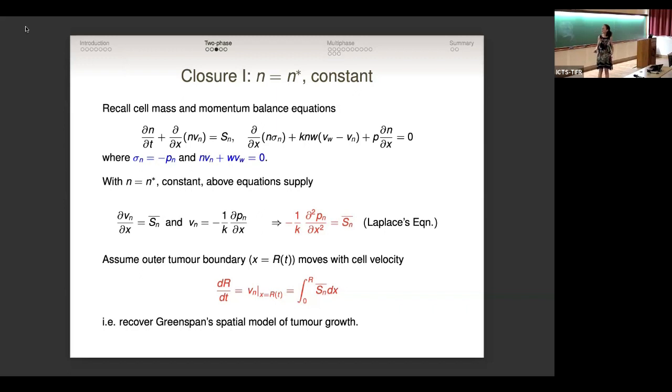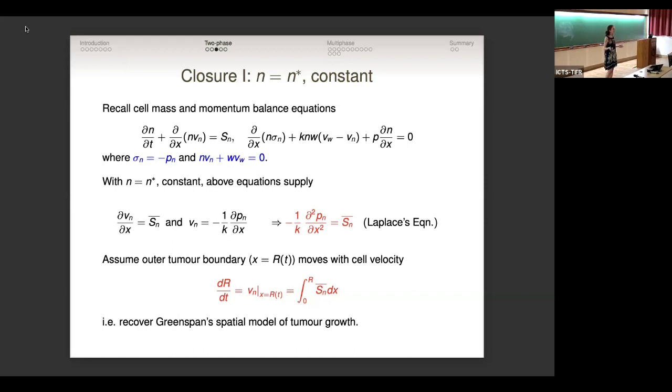So yes, Sn is, if you like, a function of C. I've been a bit elusive, non-committal about it. But yes, if you want to recover Greenspan's model, it would just be a function of C, and I will couple this integral differential equation with a diffusion equation for C. But the extra mileage we get from this framework is it allows us to look at situations in which Sn might be a function of P, the pressure, as well.